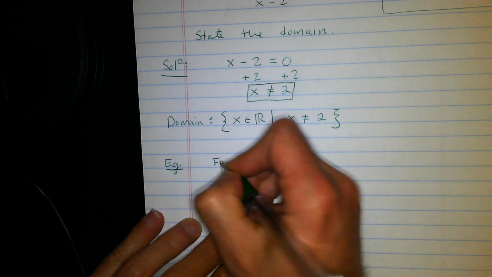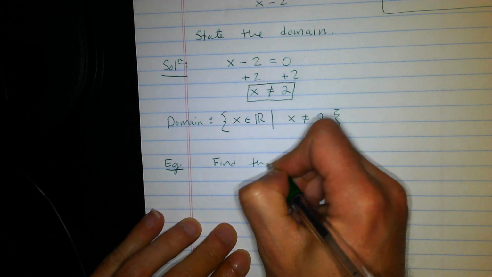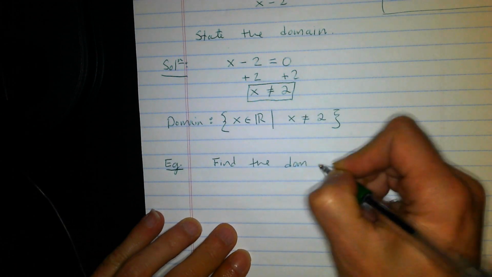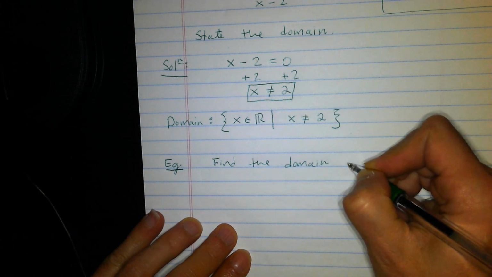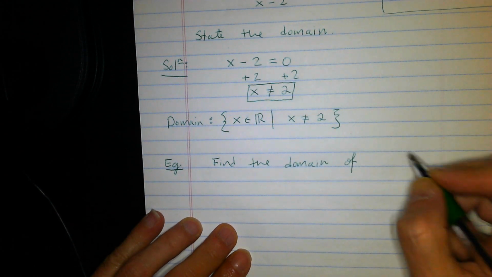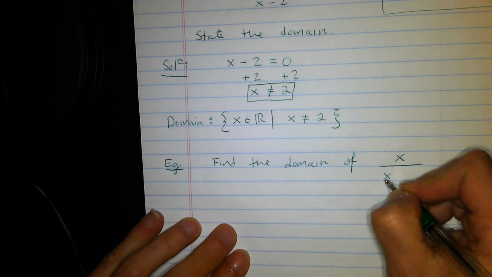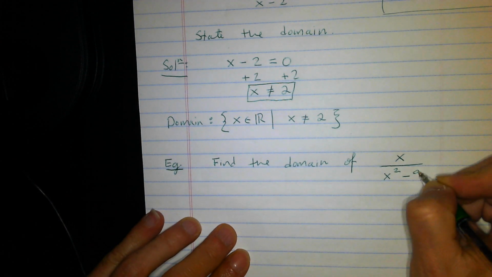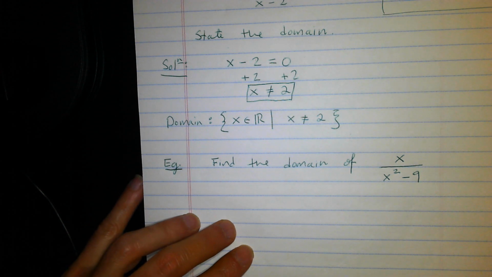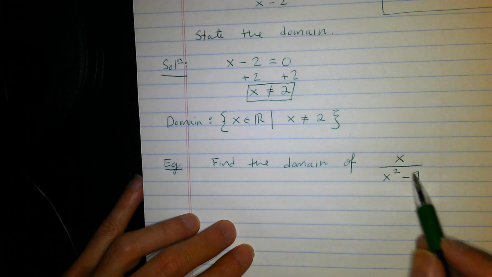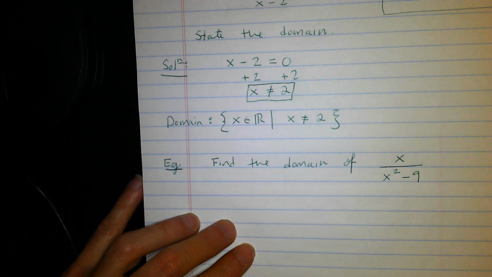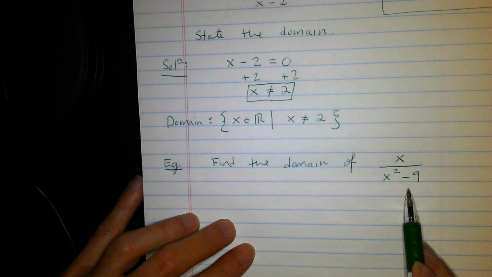Let's find the domain of x over x squared minus 9. Okay, so again, we're trying to find the zeros in the denominator. What would happen if I set the denominator equal to 0?